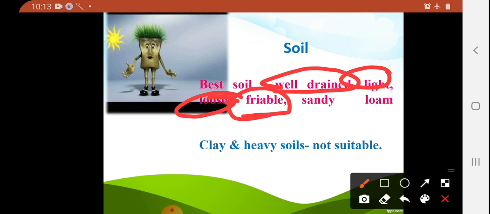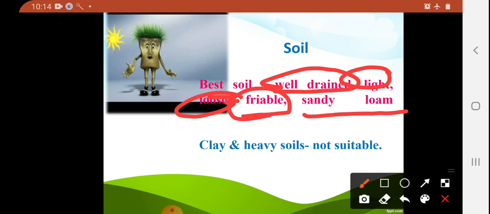Why? Because groundnut pods grow into the soil, and if soils are well aerated, loose, or friable, this soil condition gives more number of pods, because the maximum number of pegs insert in such kinds of soils easily. So sandy loam soils are best for the cultivation of this groundnut crop.